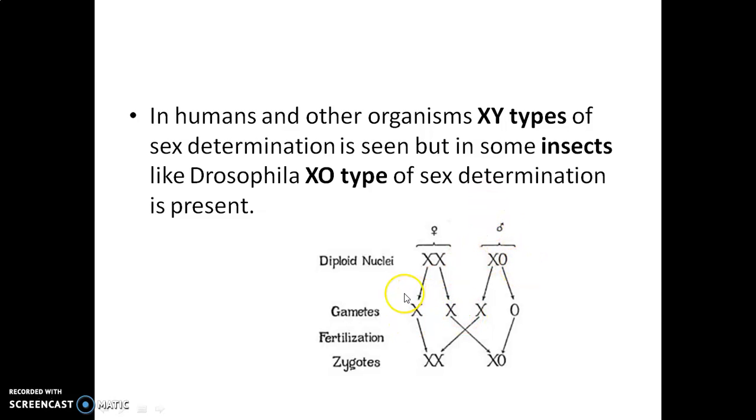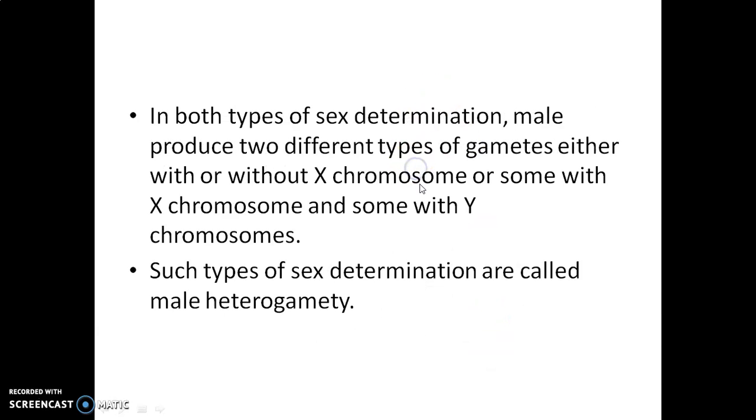And which gametes will be produced from XX? Only one type, isn't it? Whereas the male members produce gametes with an X chromosome and gametes with 0 or O chromosome, and in fusion, those organisms that are XX will become, yes, female, and XO become, yes, male.